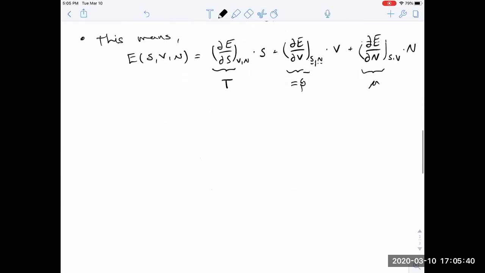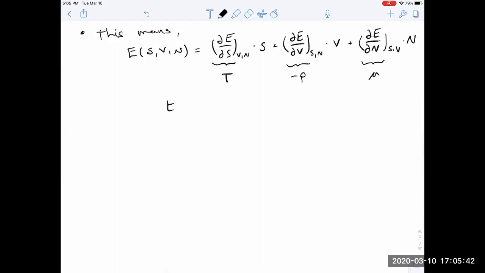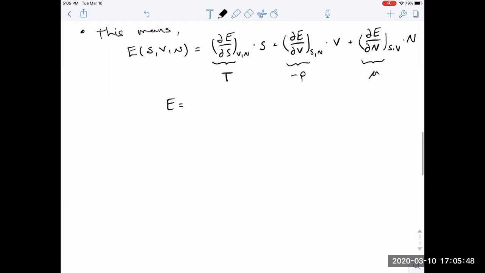So now, following Euler, we can write the energy, note not the differential of the energy, but the actual energy, as linear in T times S minus P times V plus mu times N. So that's an integrated form of the energy, not the differential changes in the energy, which is now linear in all of our usual thermodynamic players.